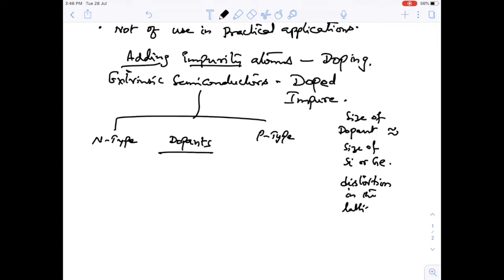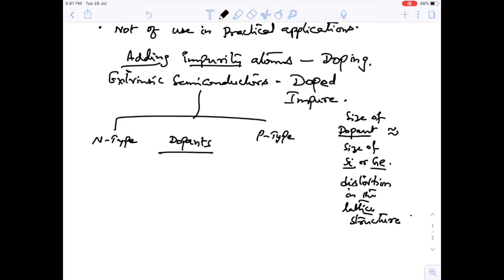We have seen the lattice structure, and that lattice structure should not be distorted. Therefore, the size of the dopant, that is the impurity atom, should be very close to the size of the silicon or germanium. Now, based on those dopants, we have N-type and P-type. We will see some of the characteristics and the structures of these N-type and P-type now.